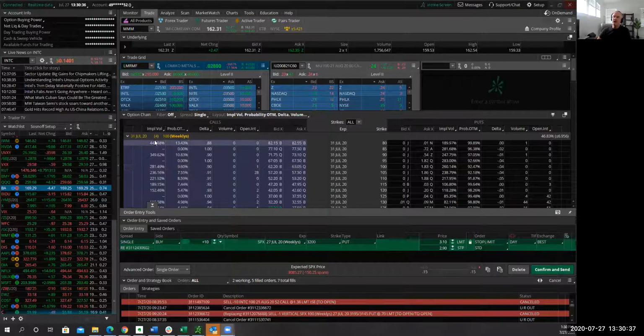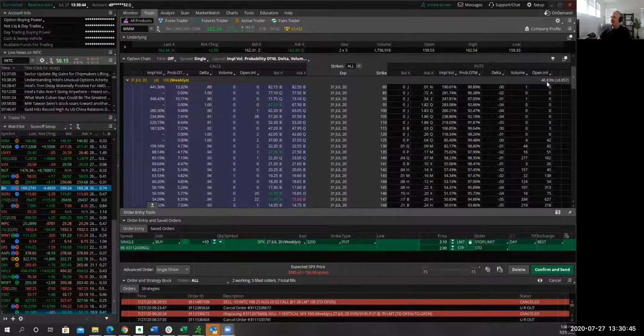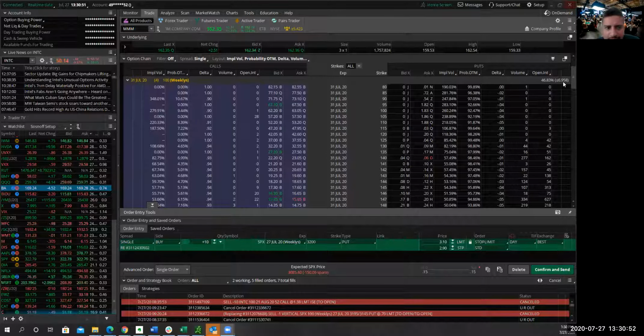I trade the weeklies closest to expiration. So the expected move on 3M is plus or minus... Where did you see the expected move? Okay, upper right. I'm looking on the option chain.